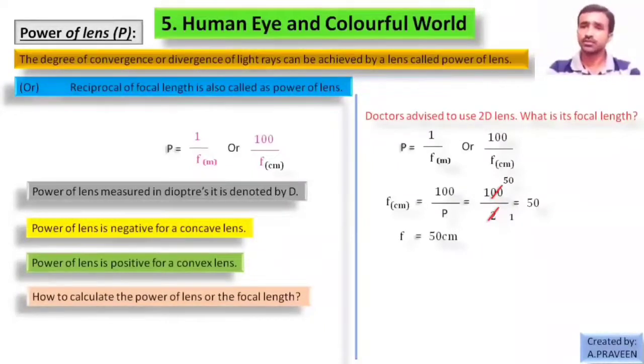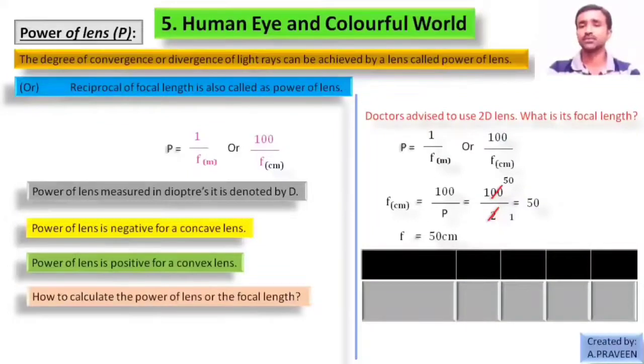So I got the focal length by knowing the power of lens. Now let us tabulate the values by taking the focal length. How to find power of lens? I will take the first column as focal length in centimeters, and the next one as power of lens in diopters. Let us assume the focal length of the lens is 100 centimeters. Then I'm going to use the relation: power of lens P is equal to 100 by F in centimeters.